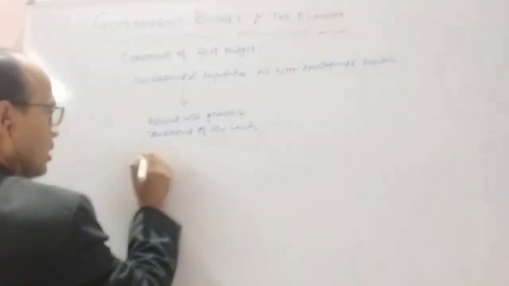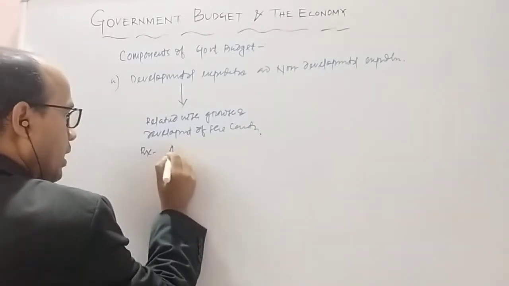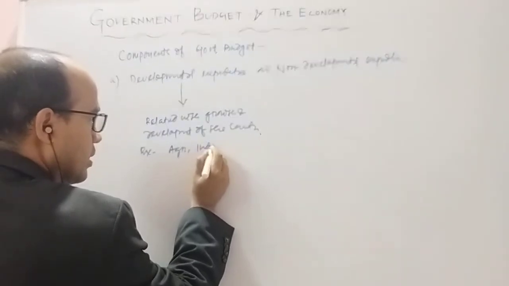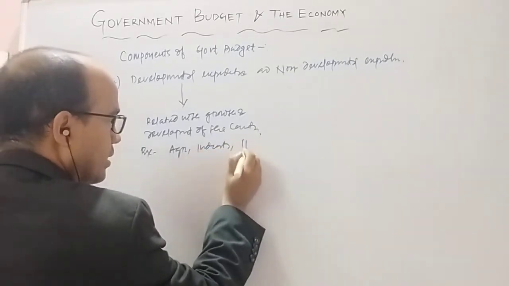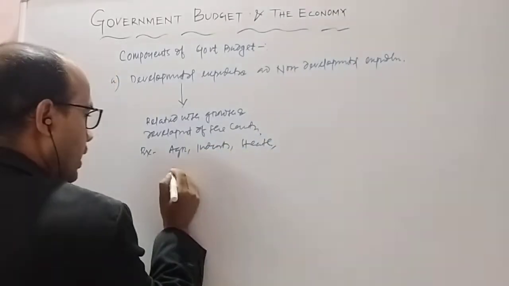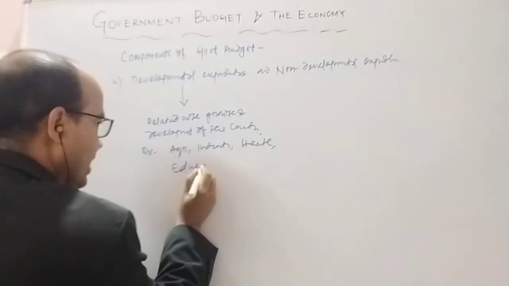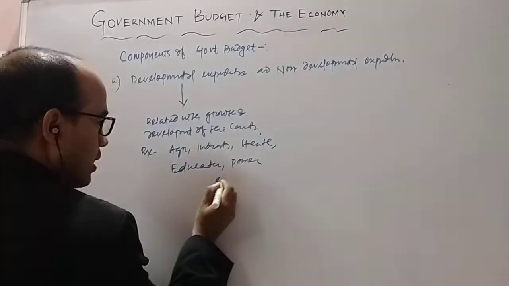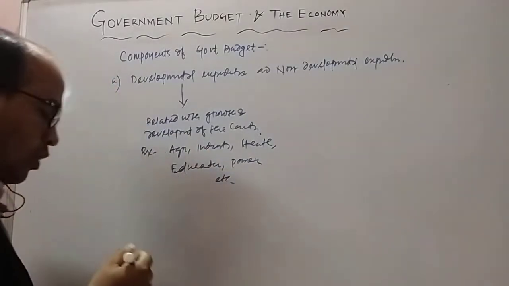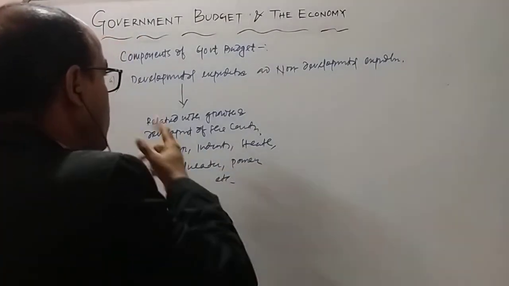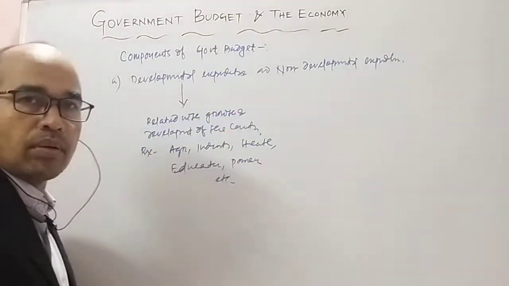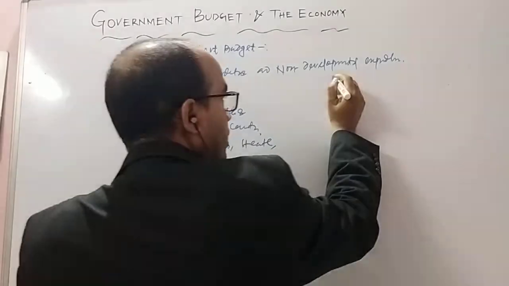For example, agriculture, industry, health, education, power, etc. Okay? Once again, developmental expenditure is related with the growth and development of the country. What is non-developmental?